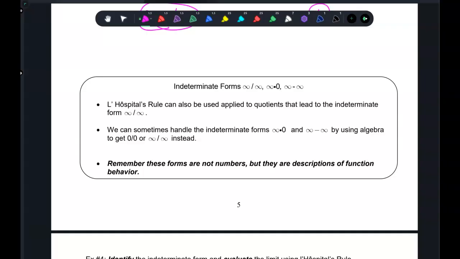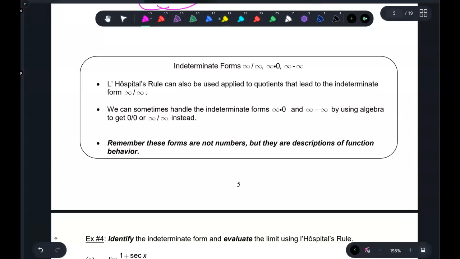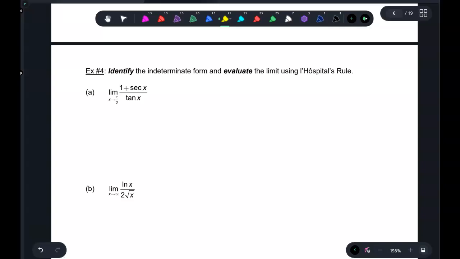Just remember, these forms are not numbers. They're descriptions of the function's behavior, right? Good so far? Identify the indeterminate form, and then we want to evaluate it.